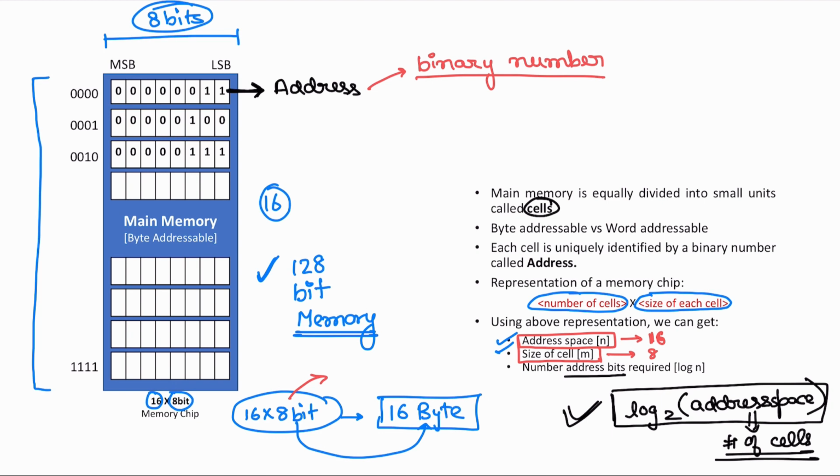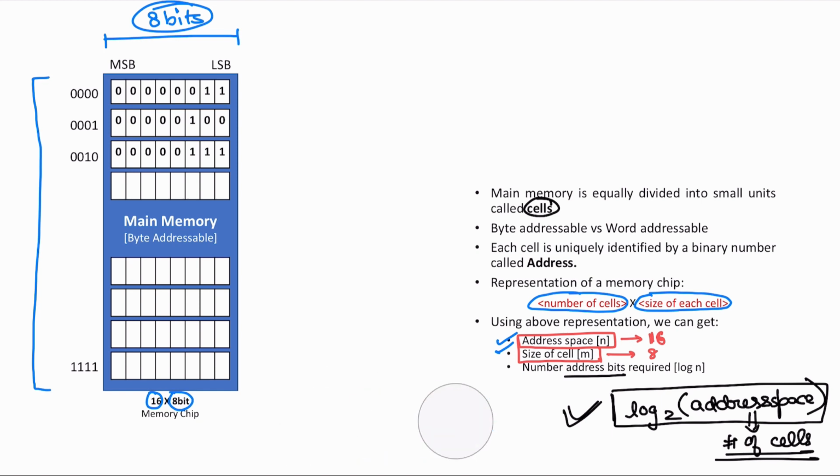One more thing that everyone should remember here is that each cell in a memory is associated with two operations. For example, this is a cell.